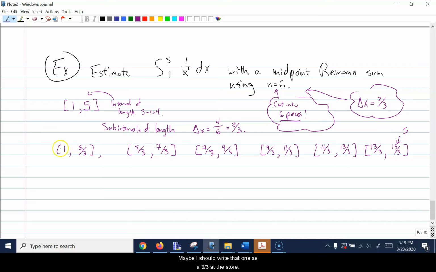Maybe I should write that 1 as 3/3 at the start. Measuring everything in thirds makes it easier to write out these intervals. 3/3.